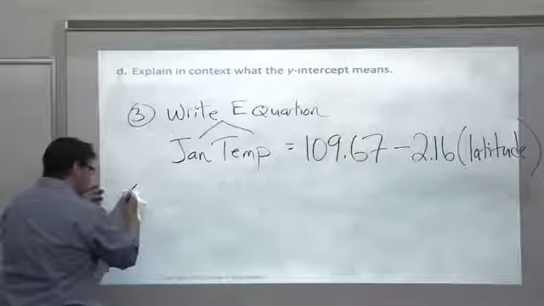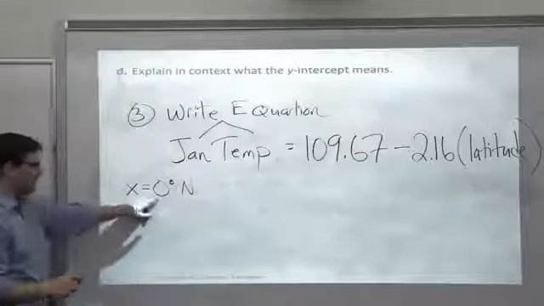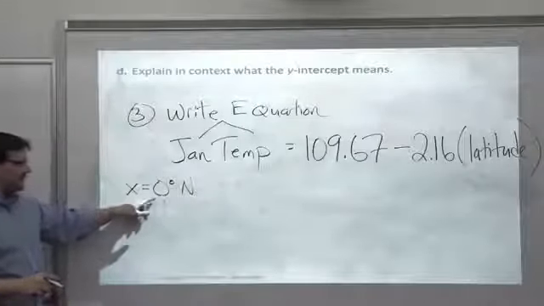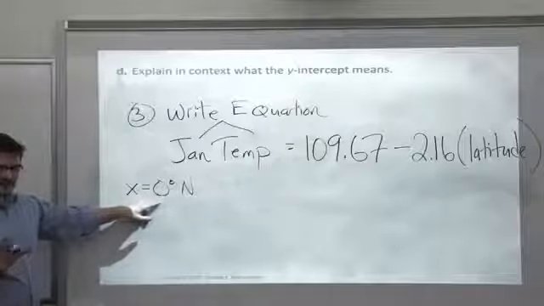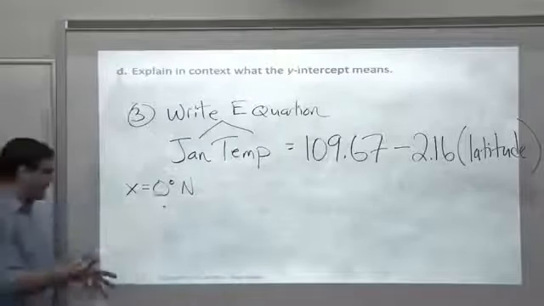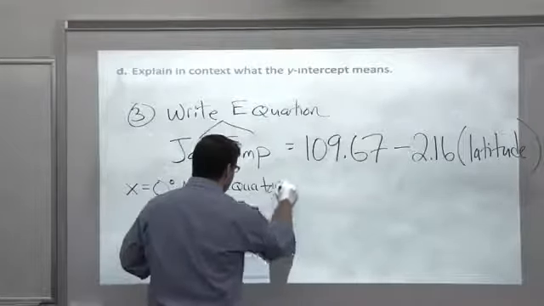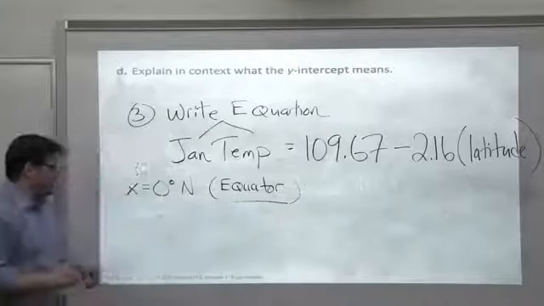We're interpreting the y-intercept. X equals 0 degrees north. If I plug that into the equation, what does the equation say temperature should be in January? Where's 0 degrees north? Of course, it's the equator. Zero degrees north is the equator.